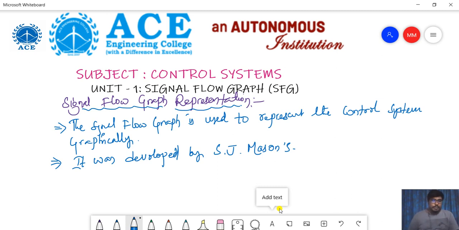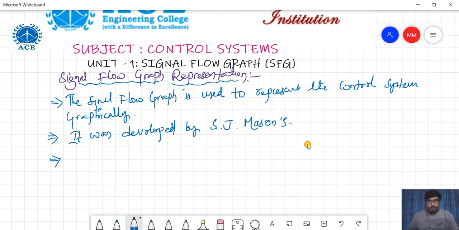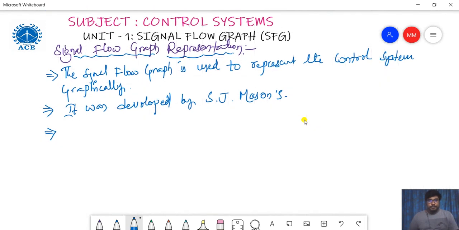The third point: the signal flow graph is a diagram which represents a set of linear algebraic equations. I will write that point also.